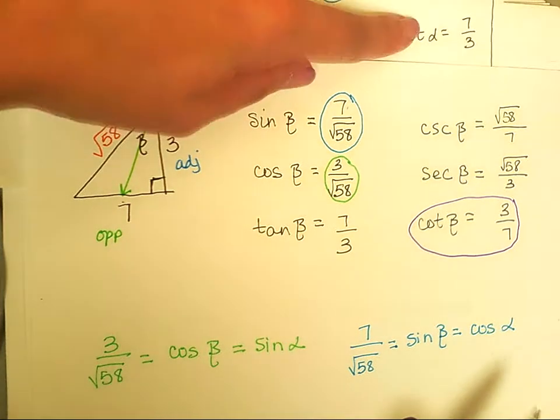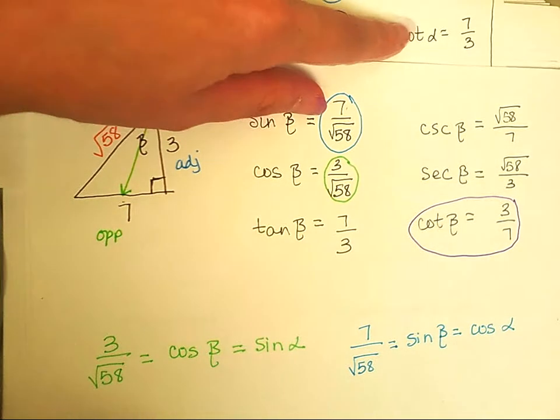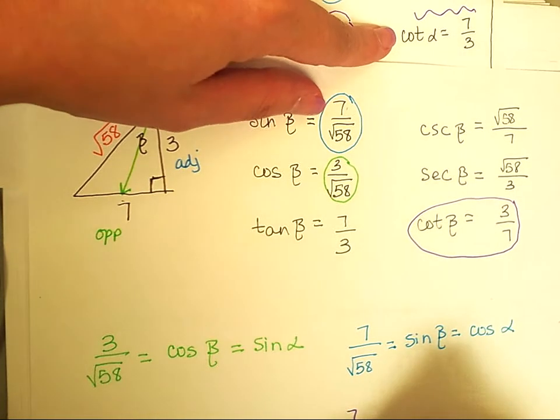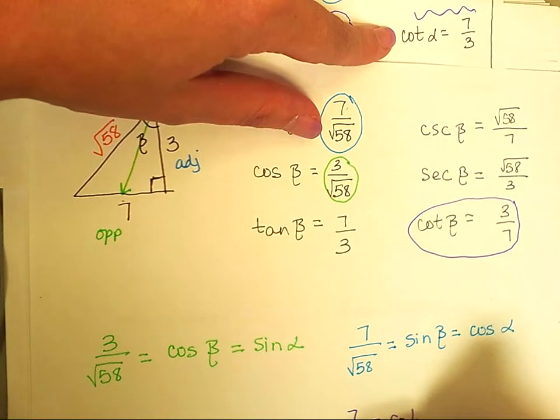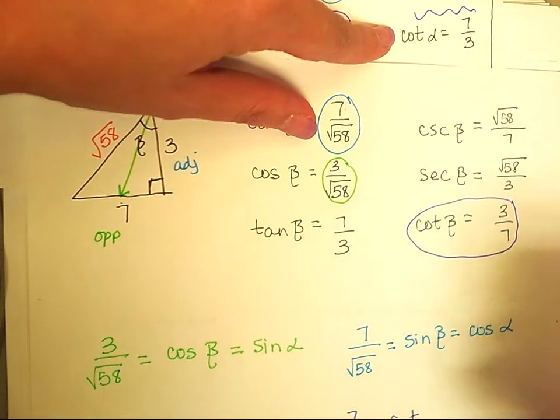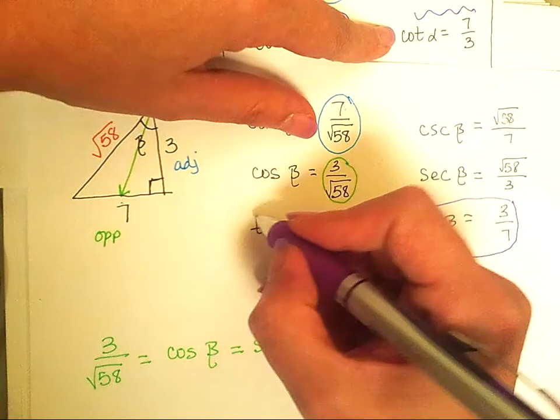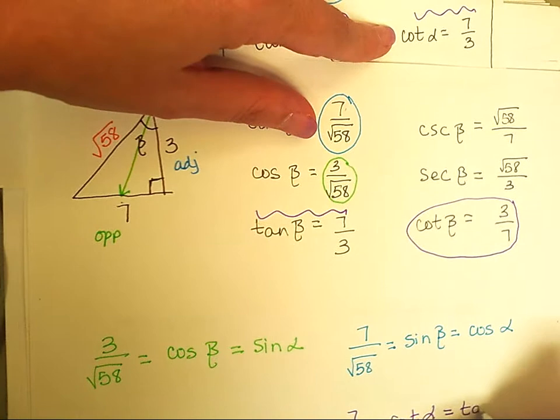And we can do the opposites here as well. 7/3 is equal to the cotangent of alpha, and it's also equal to tangent of beta.